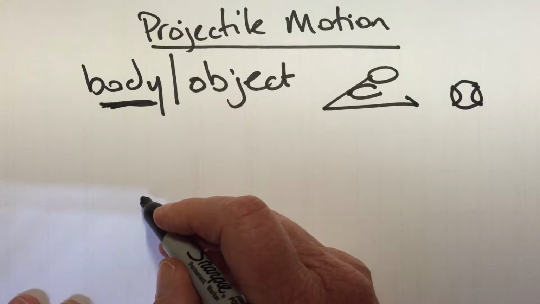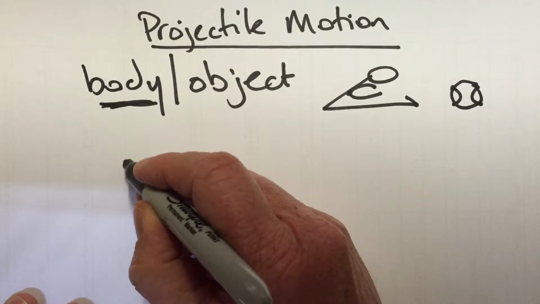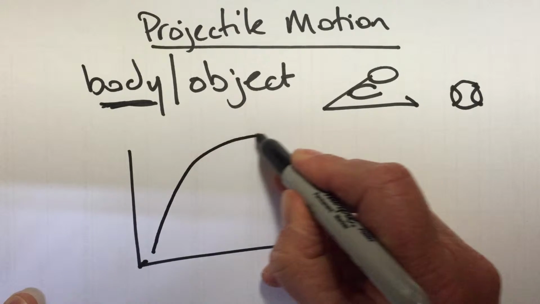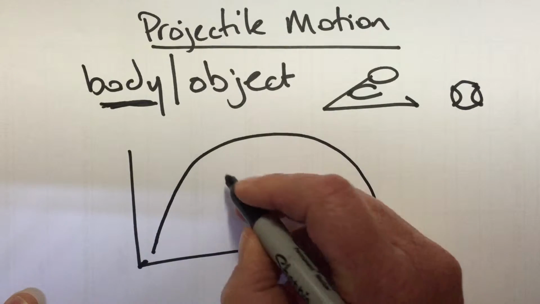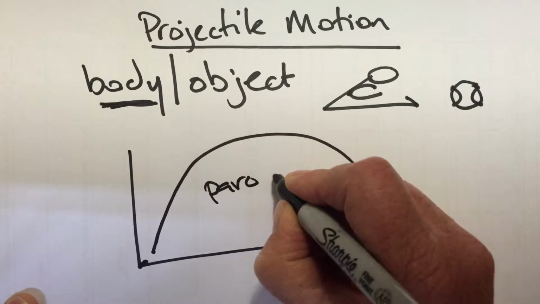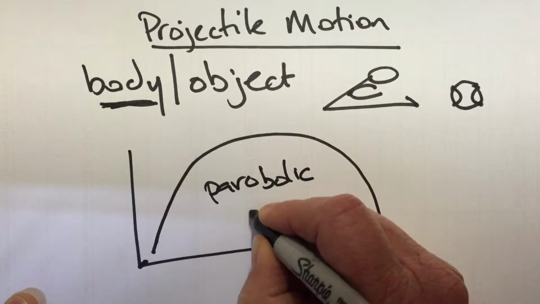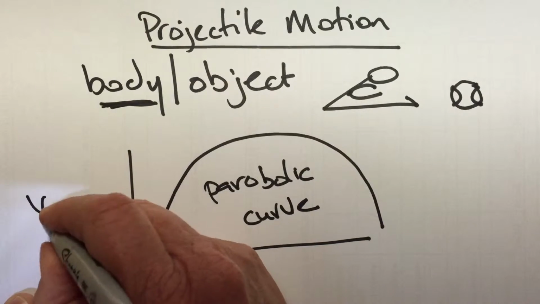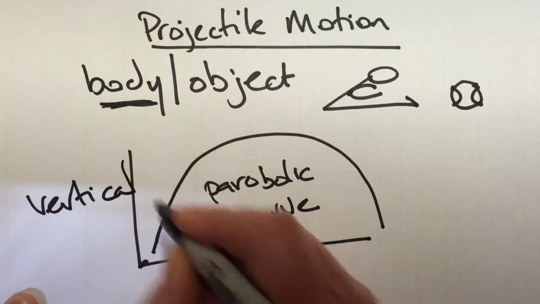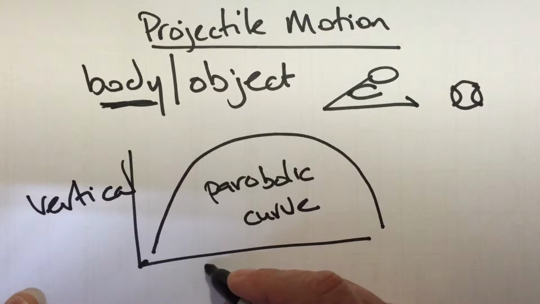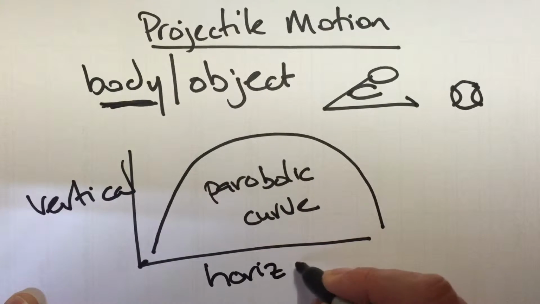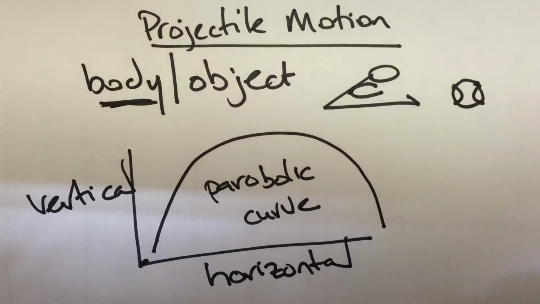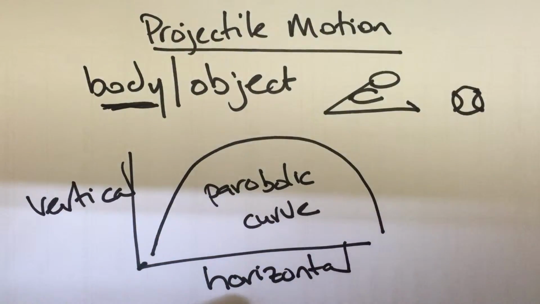When we talk about projectile motion, we talk about flight path. And the flight path is what we call a parabolic curve. You may have come across this in maths or physics or science. A parabolic curve has a vertical component and also a horizontal component. That curve won't necessarily look like that curve there.